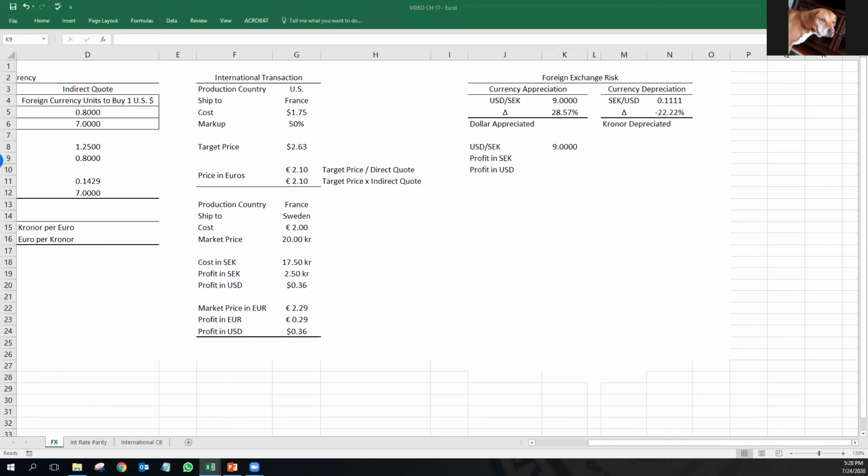Let me say it differently. Let's get the relationship maintained to where the profit was still 250 kroner. Whether the cost and the price in the market change, we're going to assume, just for this example, that the profit stayed the same.